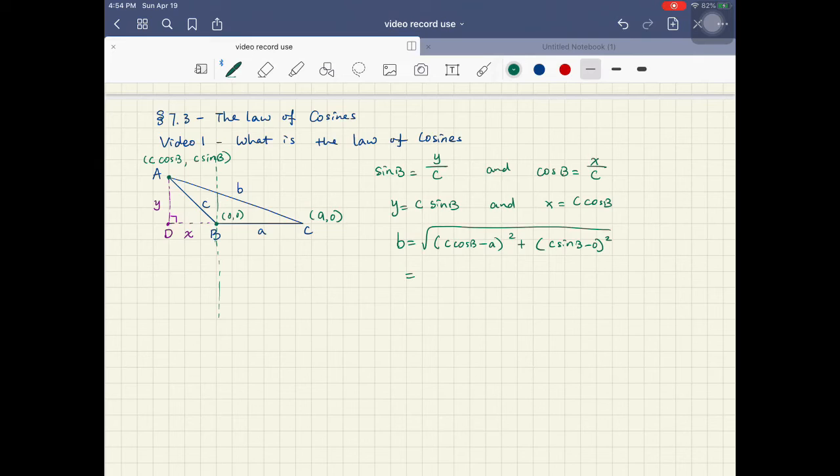Now if I square both sides, I get B squared equal to C cosine of B minus A, squared, plus C sine of B, squared.